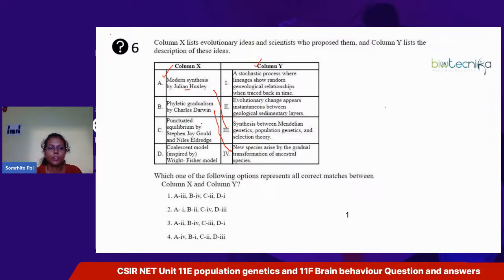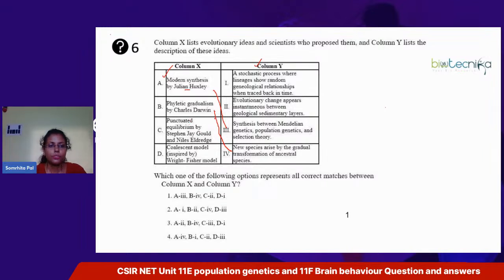Punctuated equilibrium, given by Stephen J. Gould and Niles Eldredge, is talking about the arising of the new species in a punctuated manner. Evolution happens in short bursts, and there will be a long period of stasis, that is a period where there will be no change, and again suddenly there will be a period of very fast mutations.